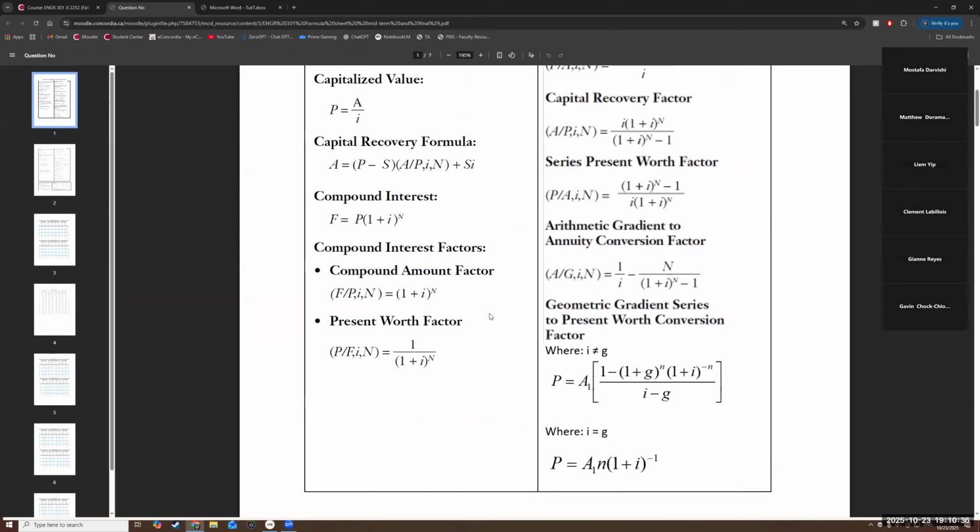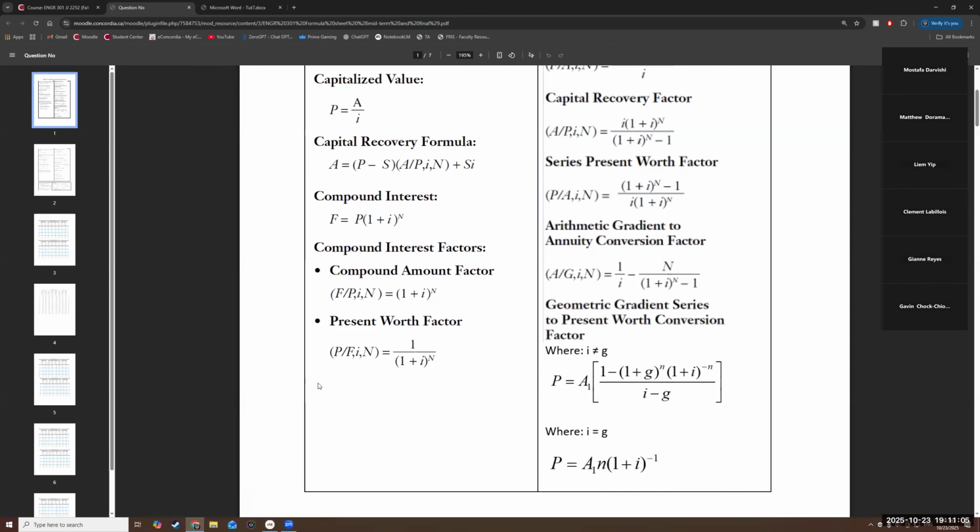For example, what we have right now is the F, the future value. Future value is $1 million over the period N of 30 years and with the interest rate I, which is 12%. So why can't we use 1 over 1 plus I to the power of N?